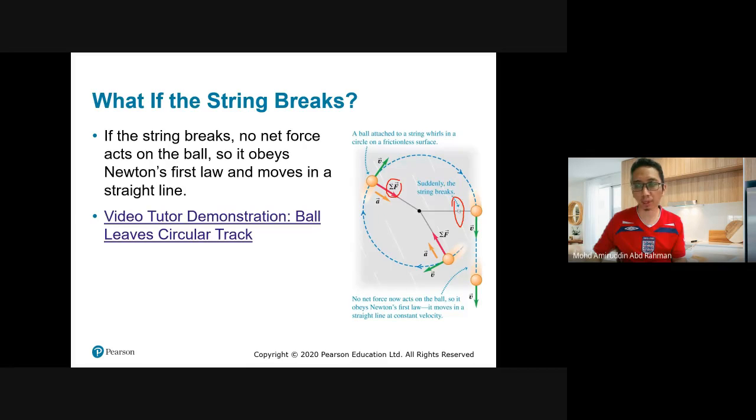But when the string broke, the ball will move in a straight line at the moment when the force is removed, meaning when the rope is cut. Let's see the example over here.